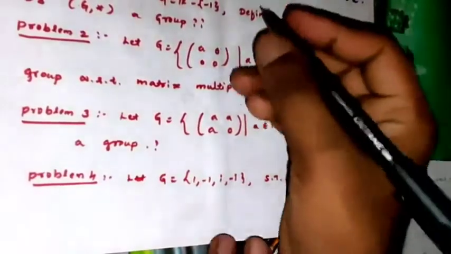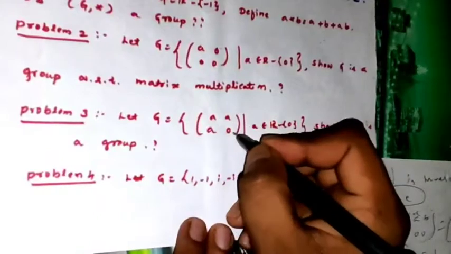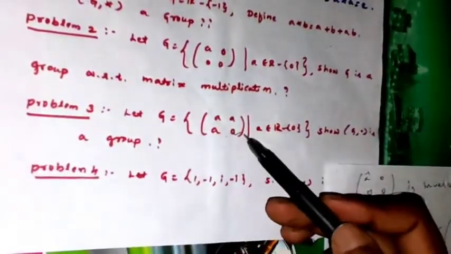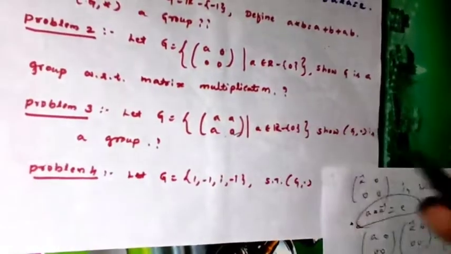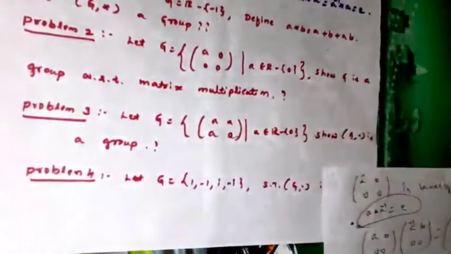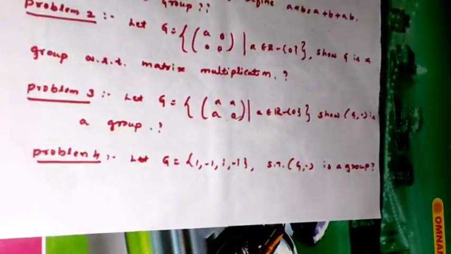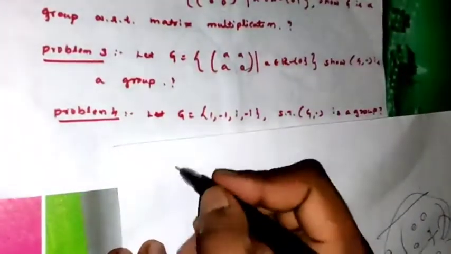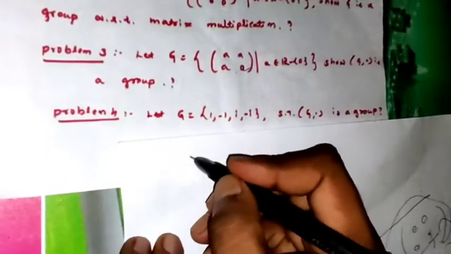Okay, a small correction here. The problem is A only. This is not 0 in this place. All the elements are A only. What is the identity we get here?